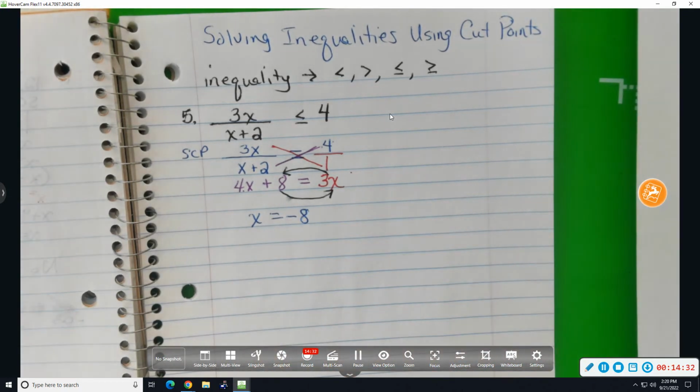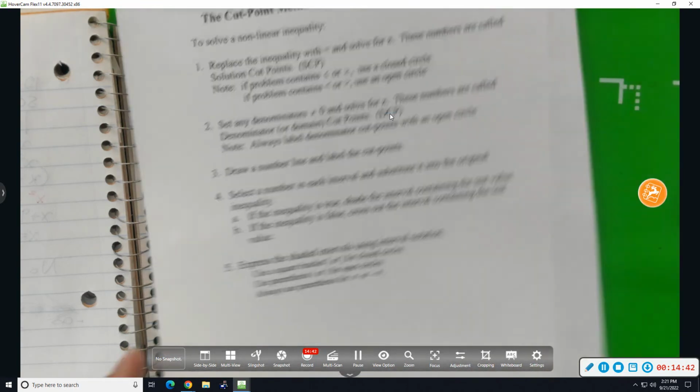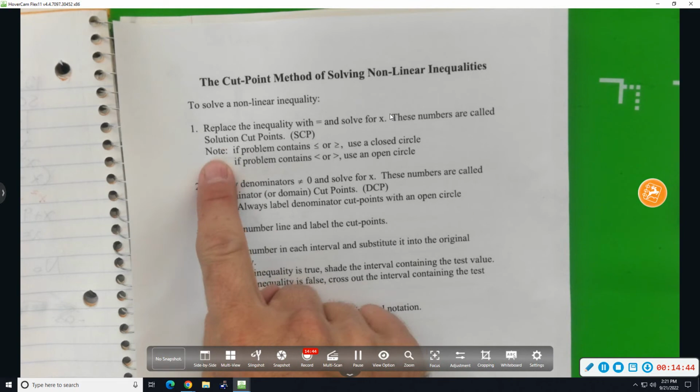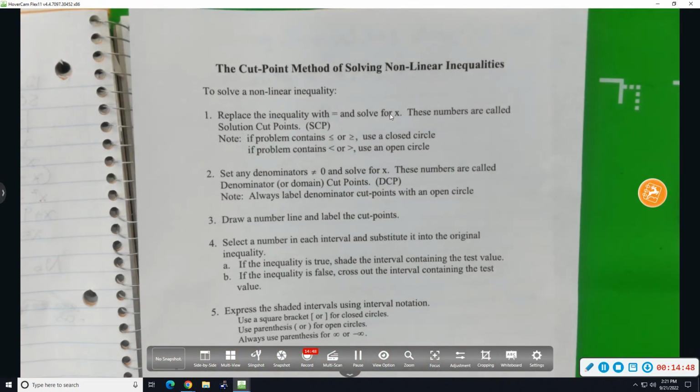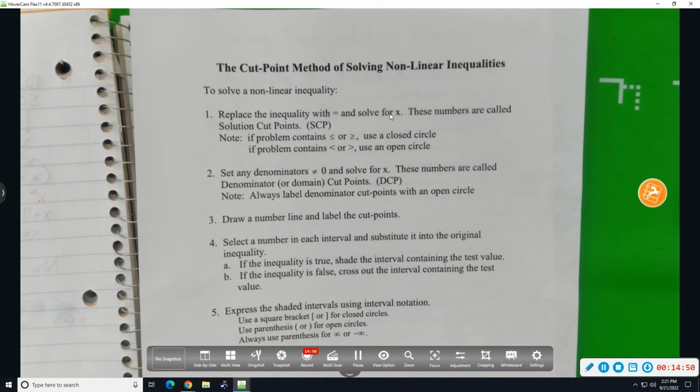That's going to be one of the numbers that we label on the number line. But every cut point on the number line has to have an open or closed circle. Well, I have a note here that tells you how to figure out if you should have an open or closed circle. I wonder if y'all can read through that step and tell me what we are going to put there.